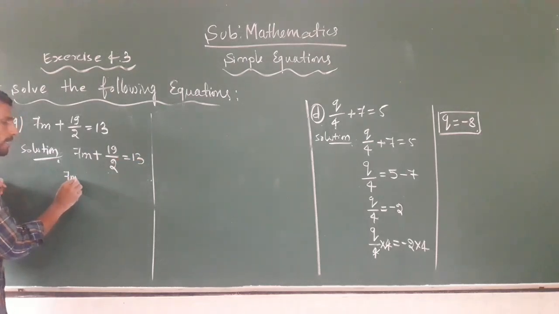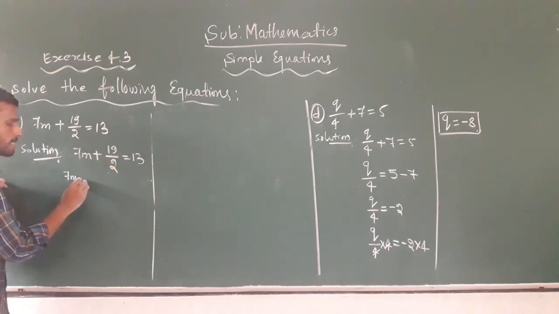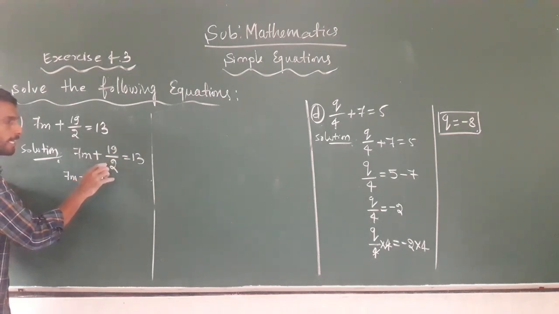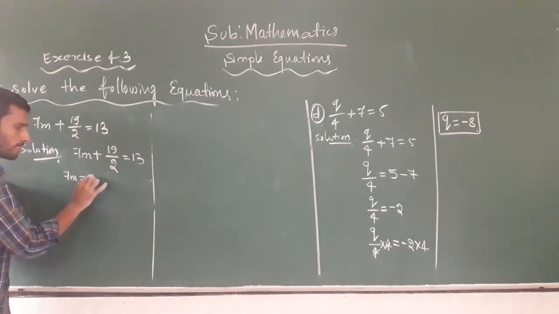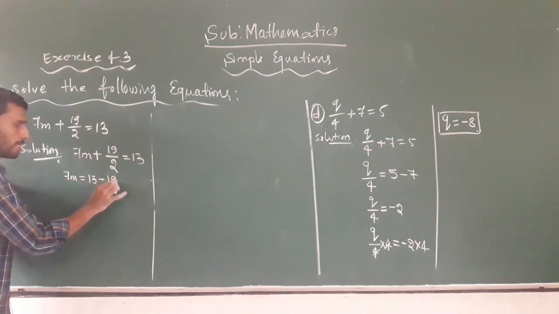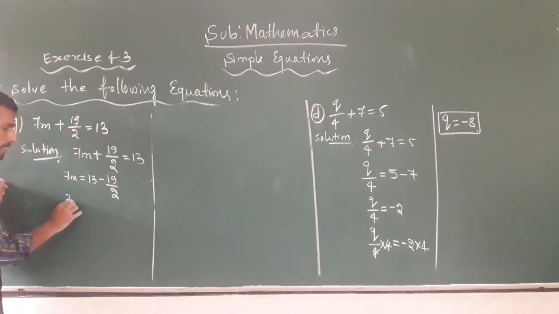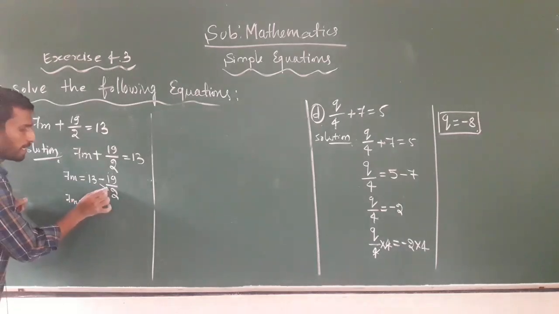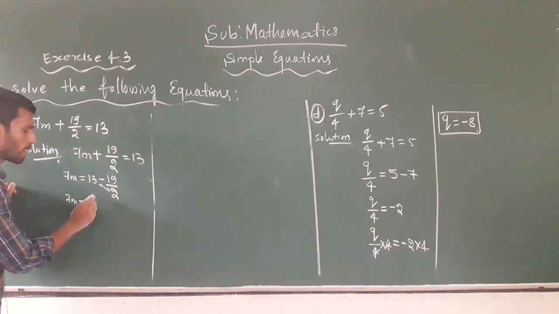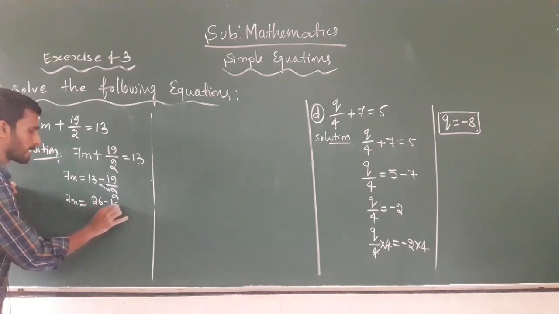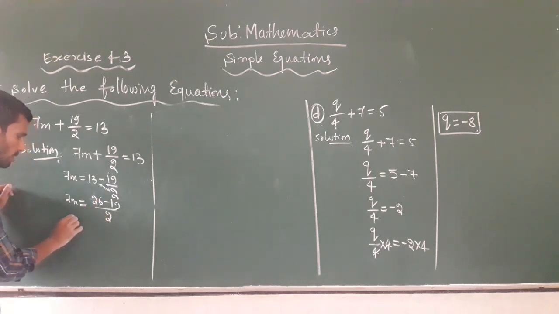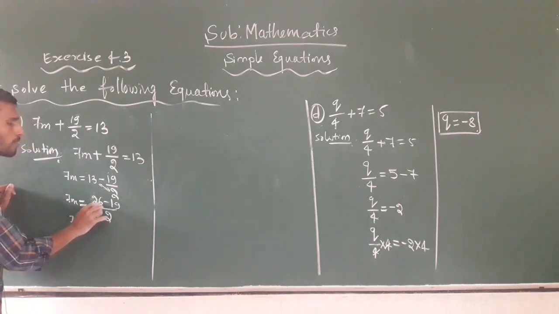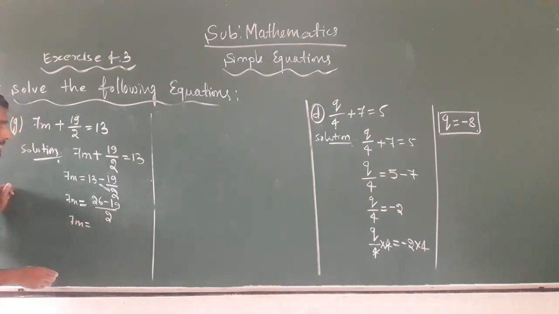When we shift from LHS to RHS, that becomes negative. Now 13 minus 19 by 2. 7m is equal to, multiplying 13 into 2, 26 minus 19 by 2. 7m is equal to 26 minus 19.